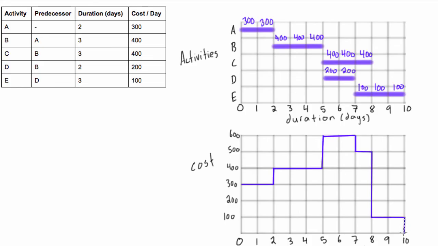And then just like a proper histogram here, we'll close off the ends. Just like that. And maybe just to make sure we're all on the same page here, we'll put on some labels. So this up here is our Gantt chart. And this down here is our resource histogram.